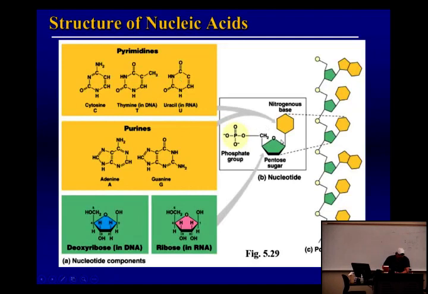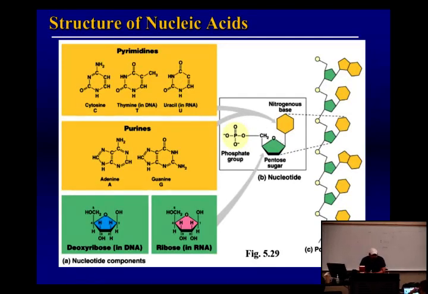I might ask you what makes up a nucleotide. What are the 3 parts of a nucleotide? Phosphate, sugar, and the nitrogenous base, or the base is fine. So that's the A, G, C, or T. It's these right here, and that's what makes them unique, because these are the same.